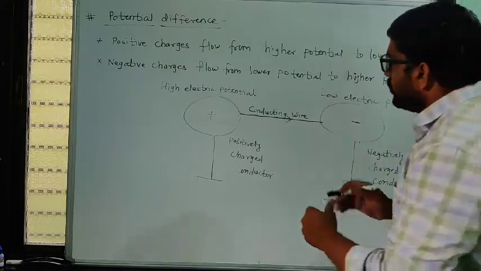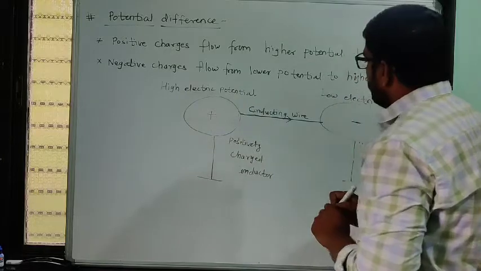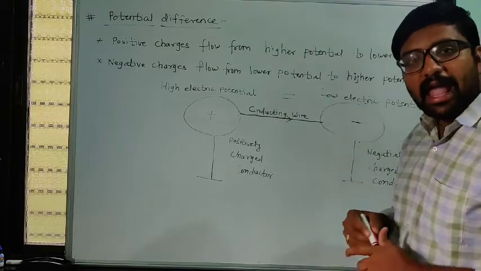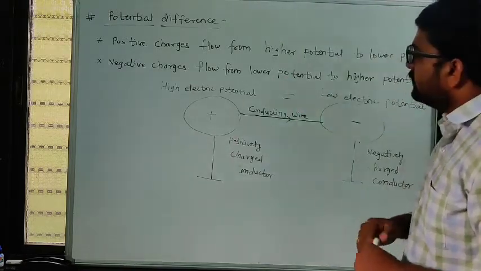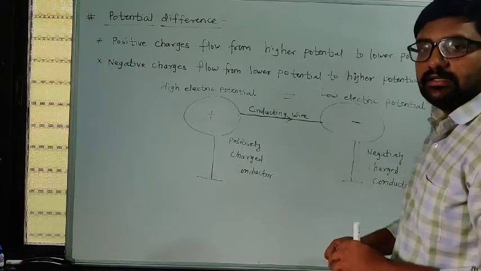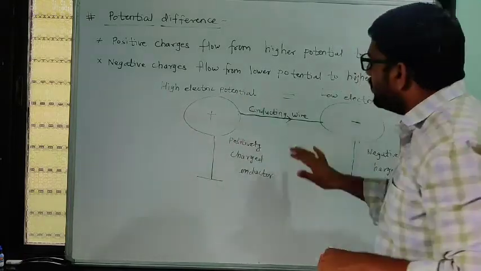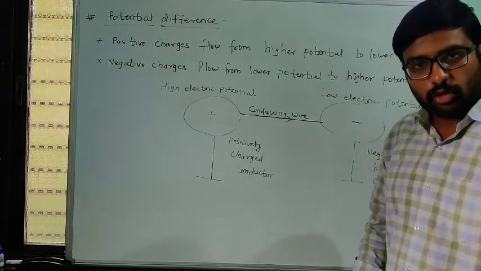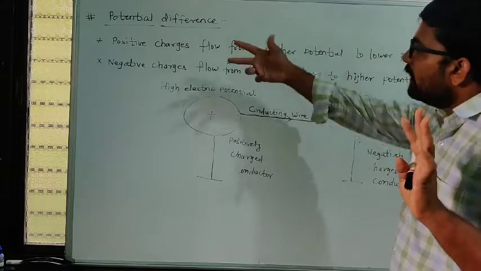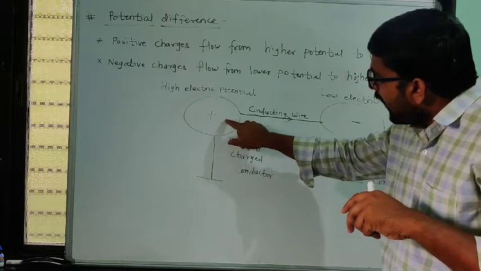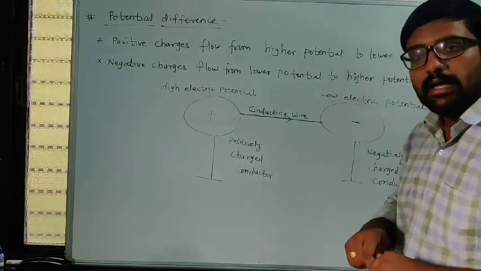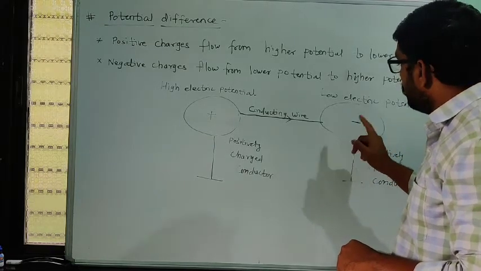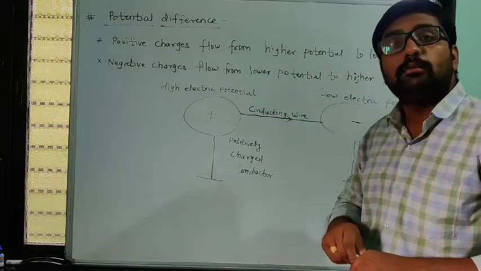It continues until the electric potential between these two conductors becomes equal. As the positively charged conductor's potential and the negatively charged conductor's potential become equal, ultimately the transmission of charges stops. So what happened here? Positive charges initially go from higher to lower electric potential, and negative charges are transmitted from low to high electric potential.